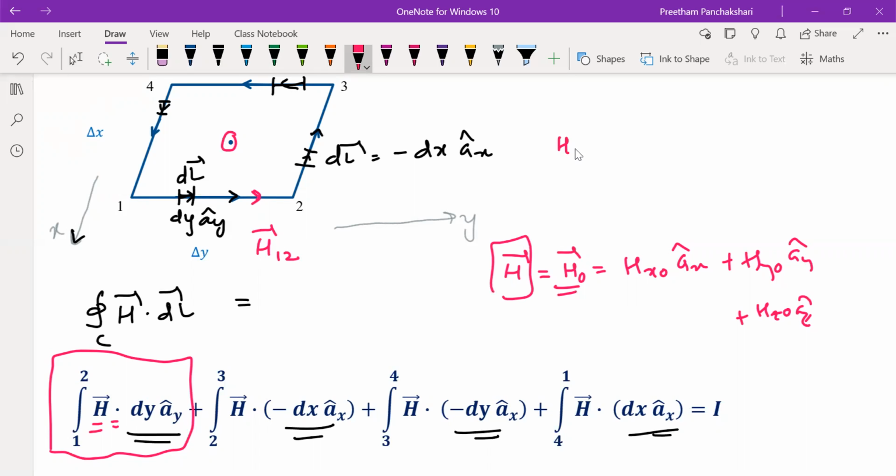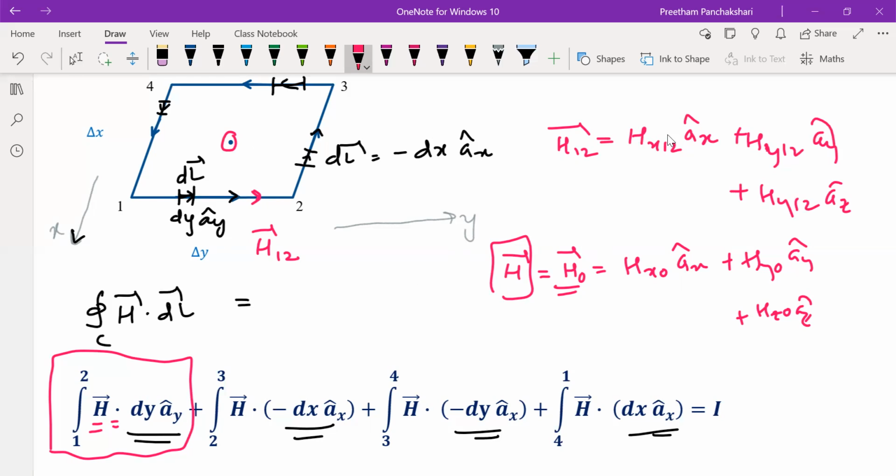So we can write H12 as Hx12 ax plus Hy12 ay plus Hz12 az. Same way as H0, we can define H12 over the path 12 because the magnetic field H changes from point to point, so it will not be the same everywhere.